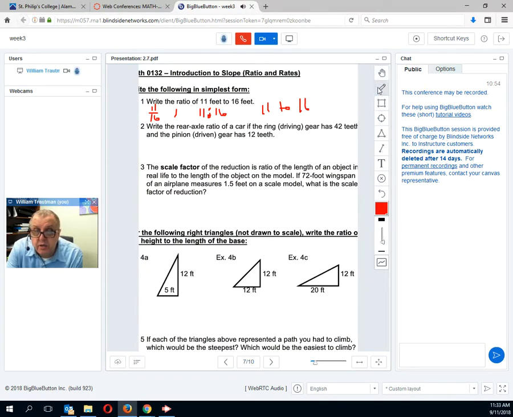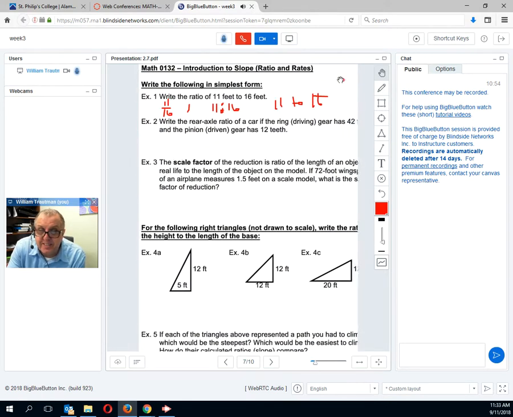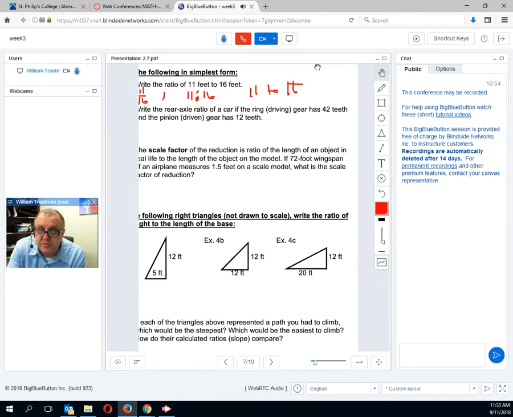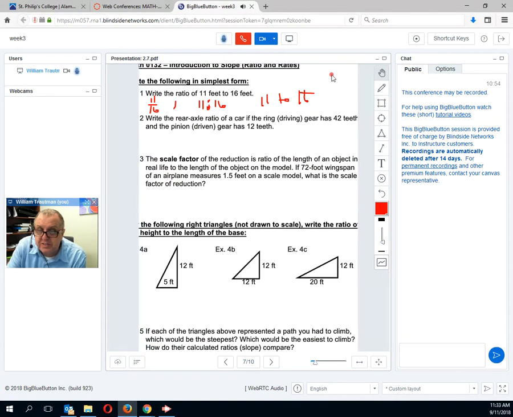Write the rear axle ratio of a car if the ring drive gear has 48 teeth and the pinion gear has 42 teeth. First of all, I don't know what you're talking about, pinion gear, but we can write the ratio. Write the rear axle ratio of a car if the ring gear has 42 teeth. So it's just 42 over 12, right?